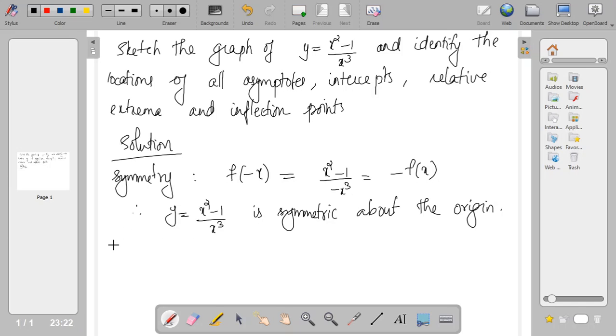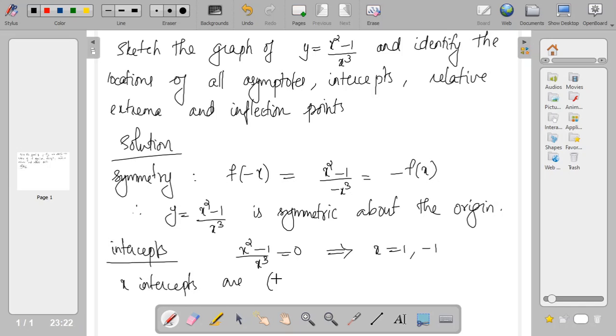Now let us look at the intercepts. When you take (x² - 1)/x³ equal to 0, that gives x equal to 1 and -1. So the x intercepts are (1, 0) and (-1, 0).